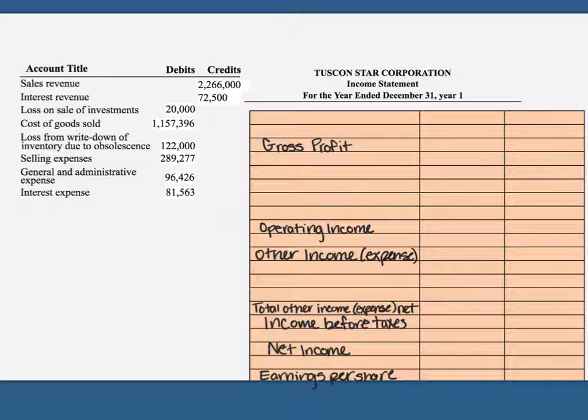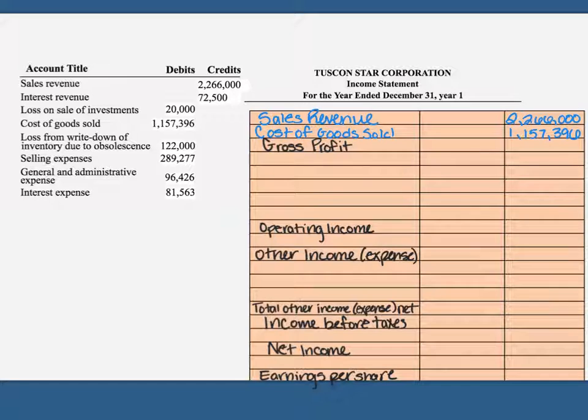So let's go ahead and get started by solving for gross profit. Gross profit is our sales revenue of $2,266,000, and you subtract cost of goods sold. Our cost of goods sold over here tells us it's $1,157,396.